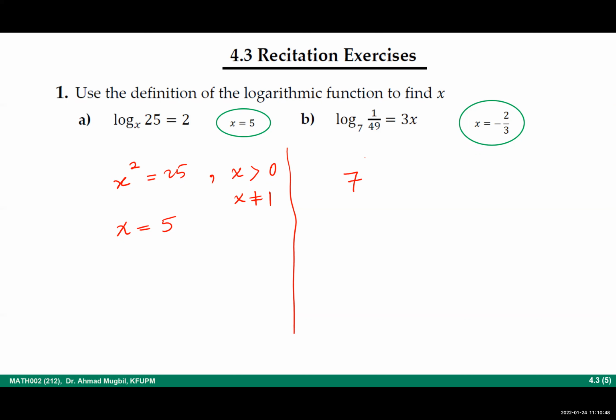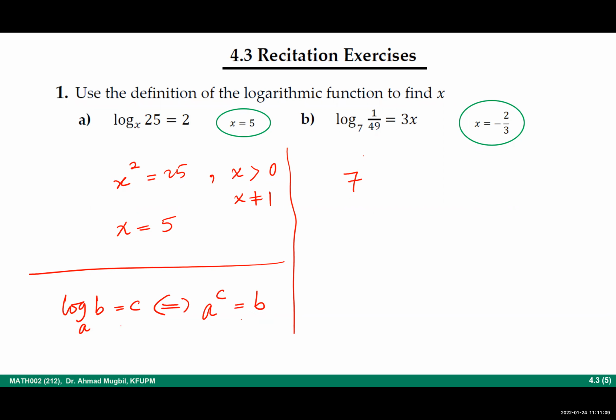7. No. Let me remind you, Sajjad. If you have log a of b equals c, this is the logarithmic form. The exponential form will be what? a to the power c equals what? b.